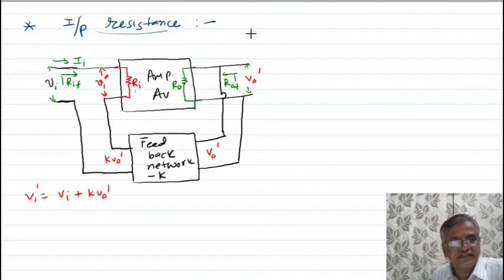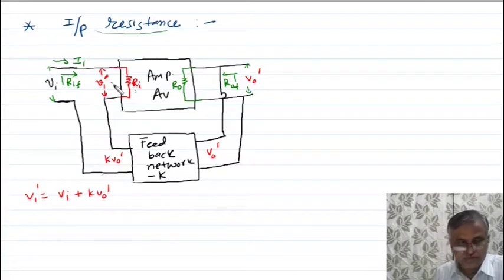For voltage series and current series feedback, the effective input resistance increases. For voltage shunt and current shunt feedback, effective input resistance decreases. There is an advantage to having a high input resistance, because it reduces the loading effect and also increases the voltage gain.